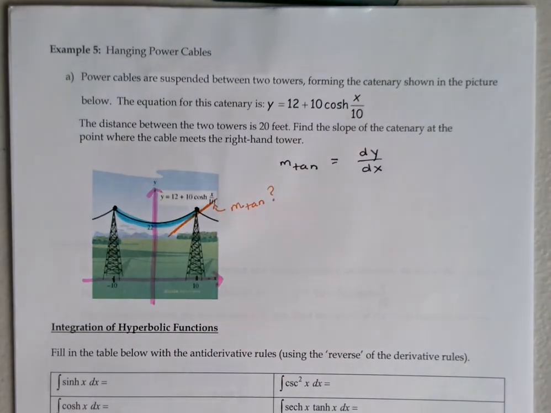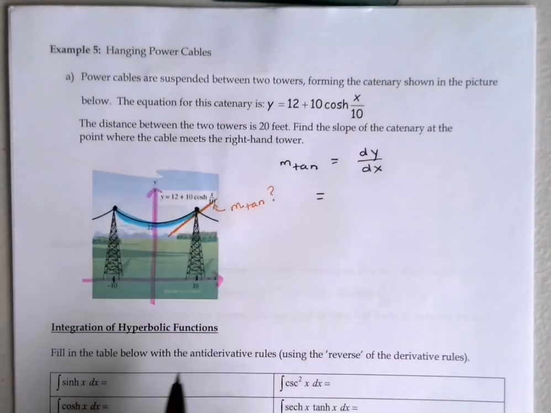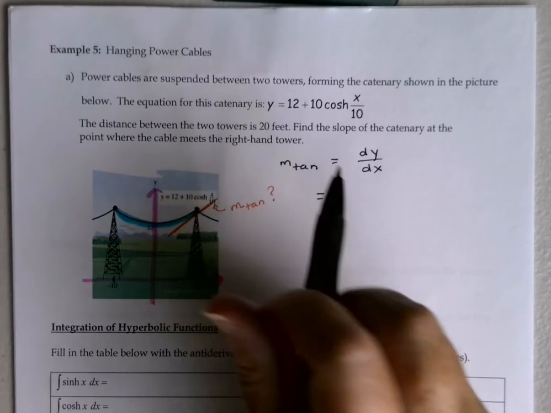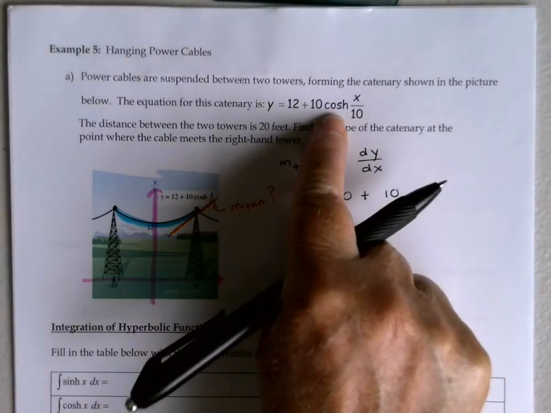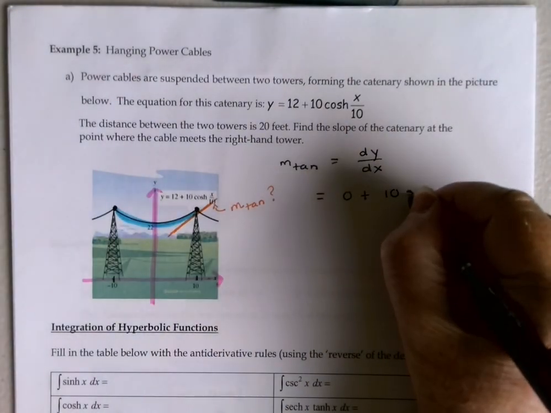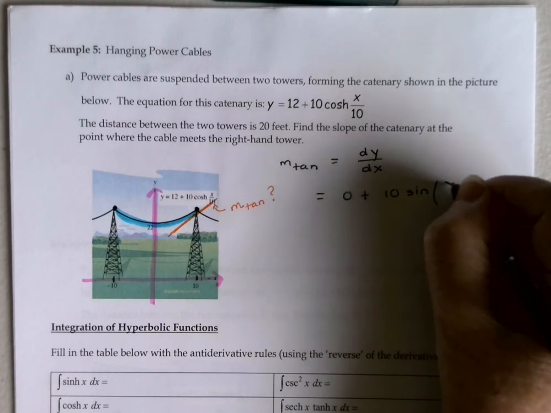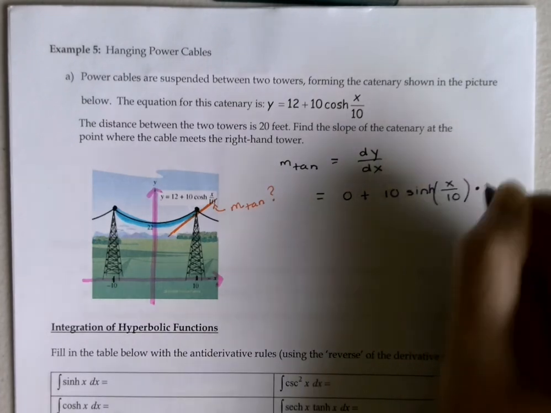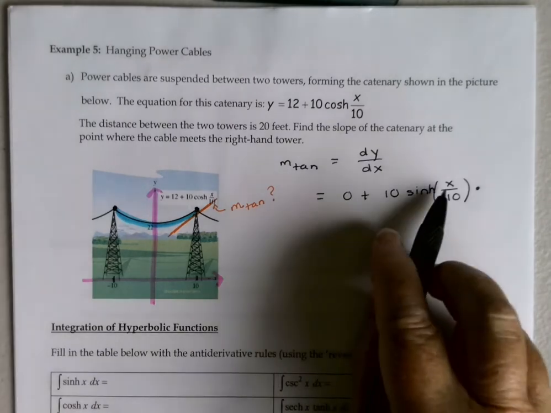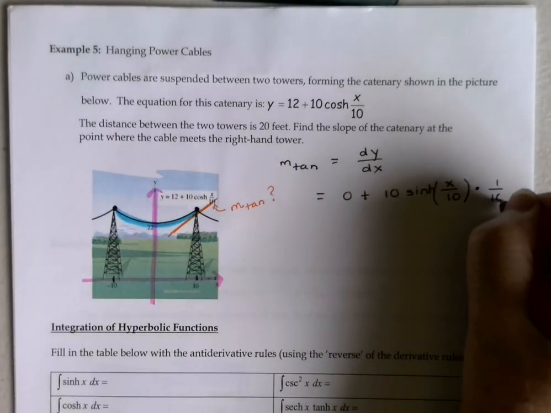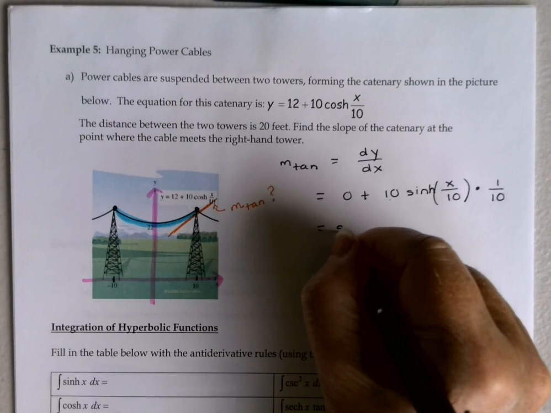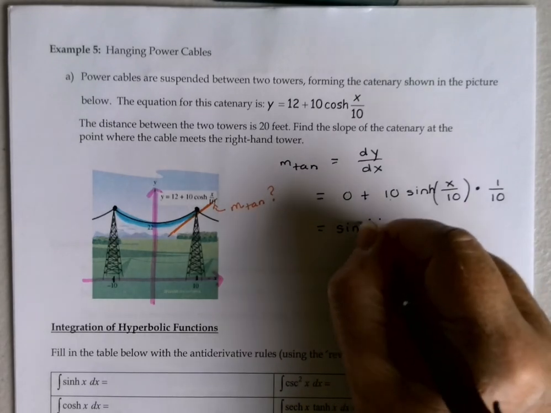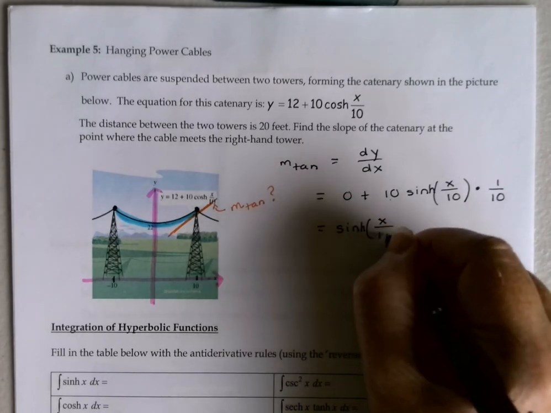So dy/dx. In this case, the derivative would be 0 plus 10 times the derivative of cosh of x over 10, which is sinh of x over 10, times my chain rule of 1/10. My 10s can divide out here, so I just get hyperbolic sine of x over 10.